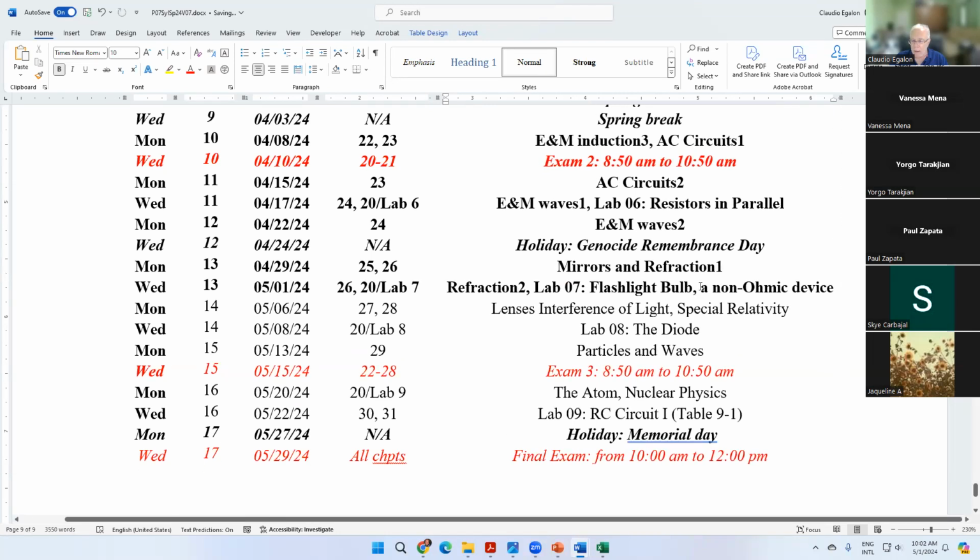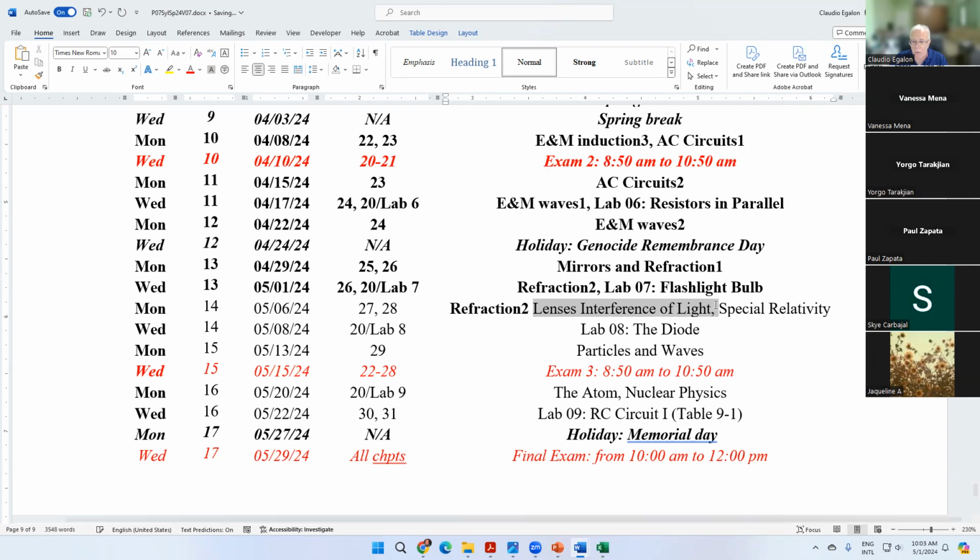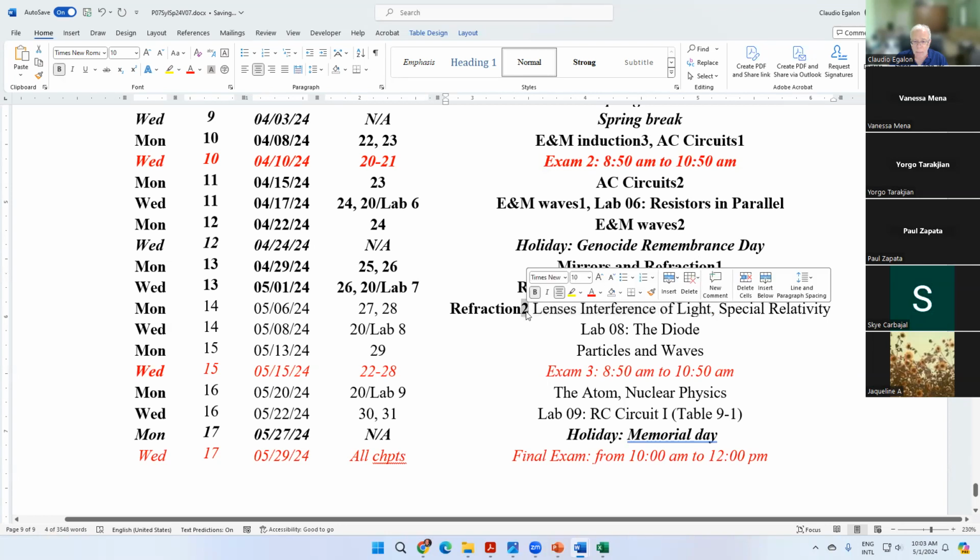Okay. Flashlight bulb. Okay, I don't need that. And then we're going to have refraction again next time. It's not going to be interference. Let's see if we have time to cover interference. Refraction would be the third one.